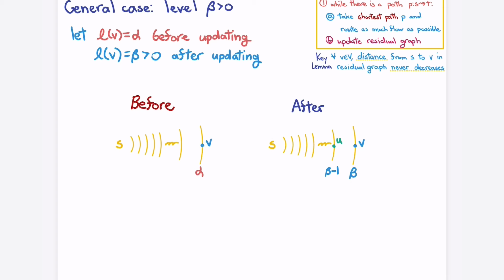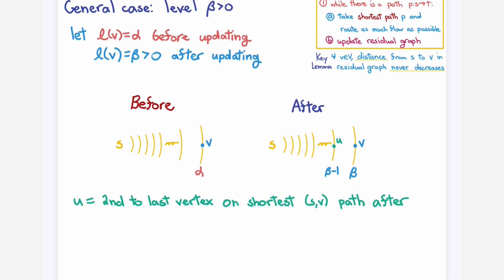And I guess I'm letting u be, so there's some path in the after graph from s to v with beta edges, and that's the shortest one. Okay, that means there's some vertex before v, and we'll call that u. Whatever is the shortest path, it'll go through u to v. Okay. Now, so that means u has level beta minus 1, right?